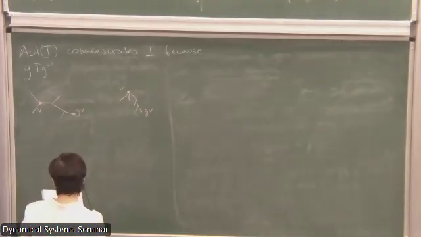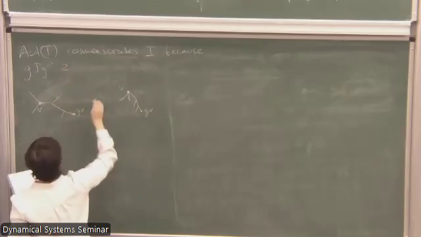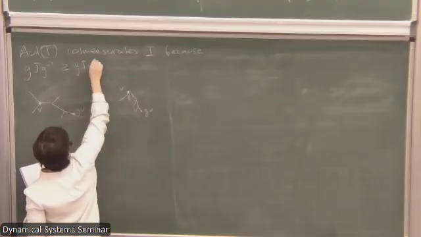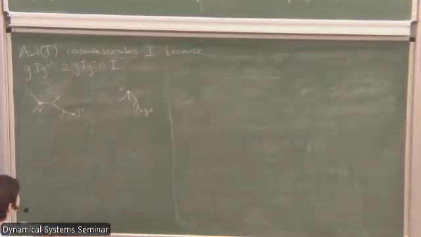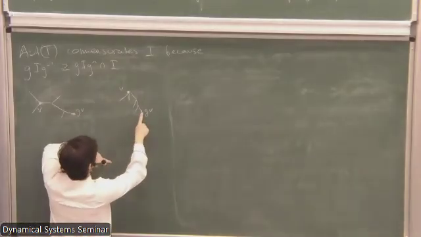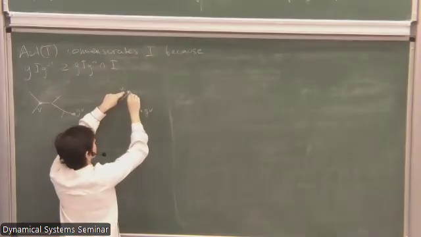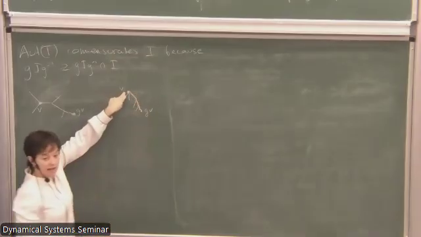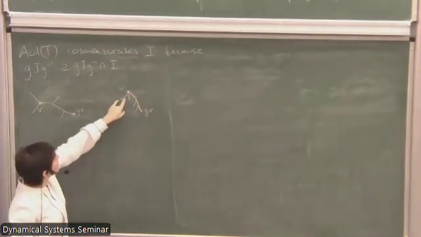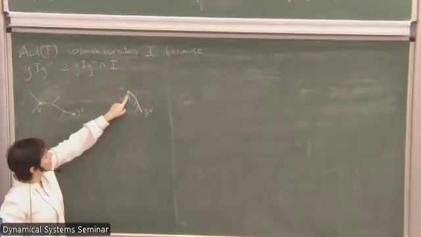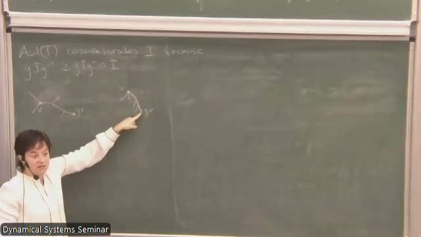Okay, so G I G inverse contains of course the intersection of G I G inverse and I. So what is that? If I stabilize this and I also stabilize that, then that's of course the stabilizer of that path. And I'm considering it inside I, so I'm considering the automorphisms of this rooted tree that fix this vertex.